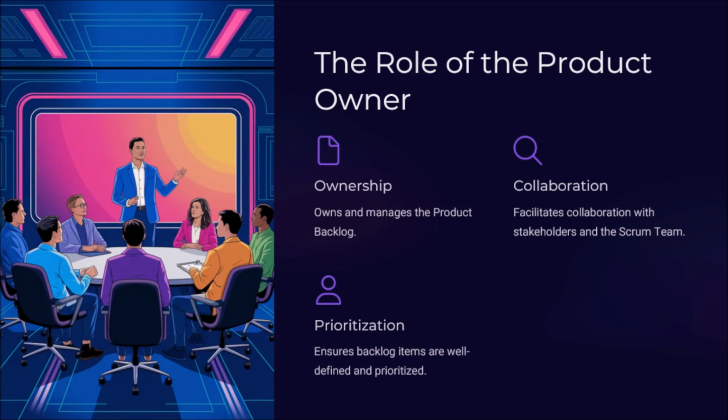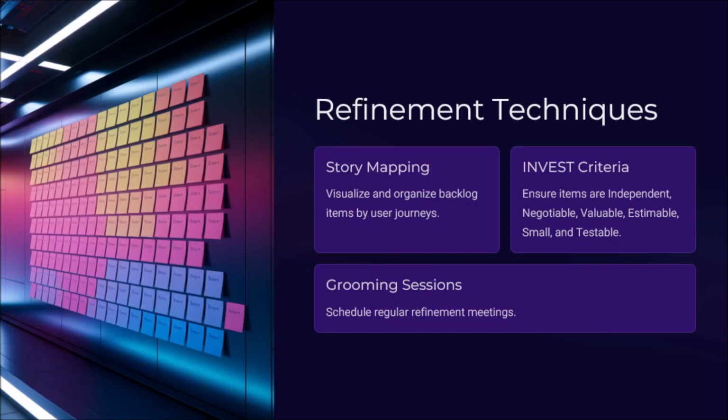And some of these refinement techniques that we haven't seen before are refinement sessions like story mapping and INVEST criteria. INVEST criteria ensures that each of the backlog features, fixes, or enhancements is independent, negotiable, valuable, estimatable, and small.